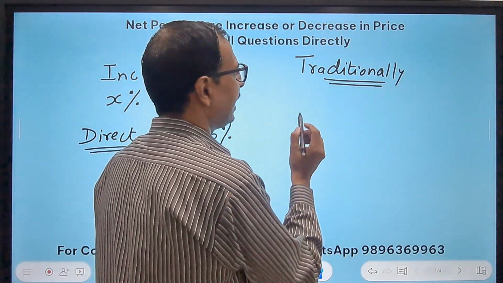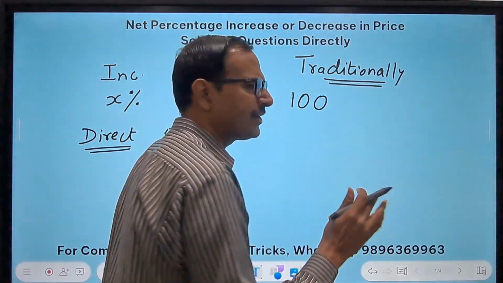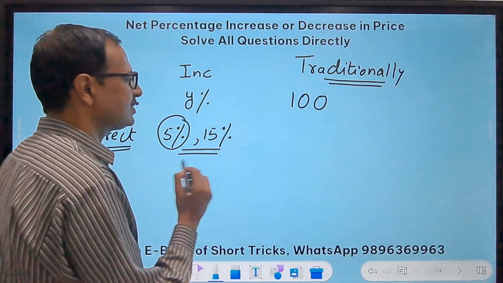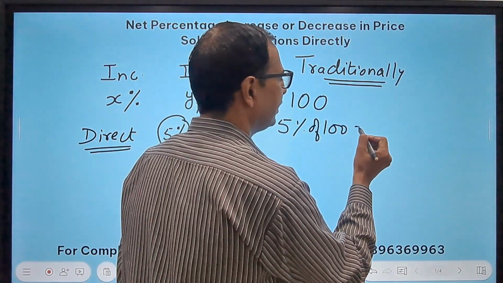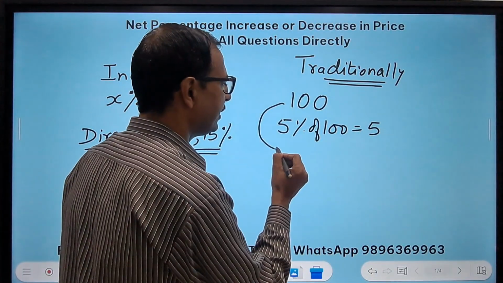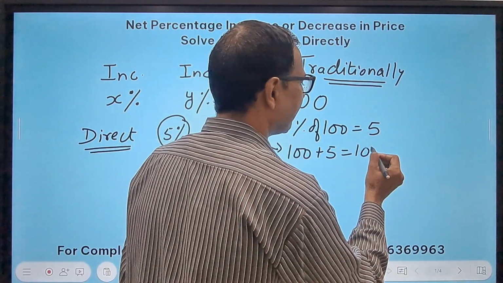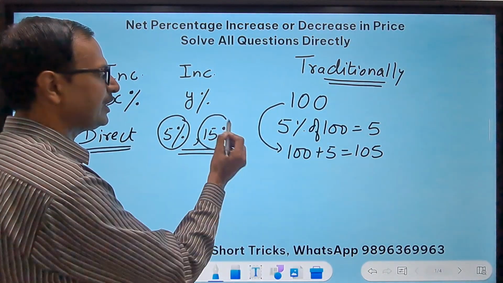So traditionally I'm going to assume that the original price is say 100. 100 is the easiest one which we can assume. Okay, now 5% of 100 is 5, and so the value 100 will become 100 plus 5, that is 105 after the first increase. Now the second value is 15%.